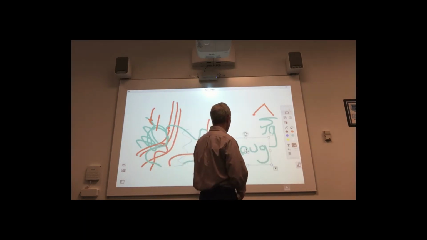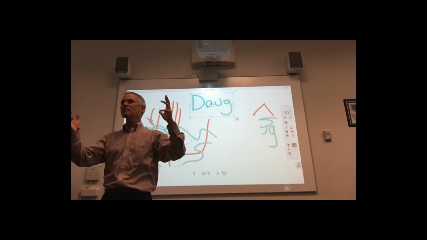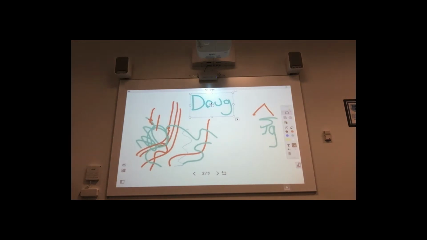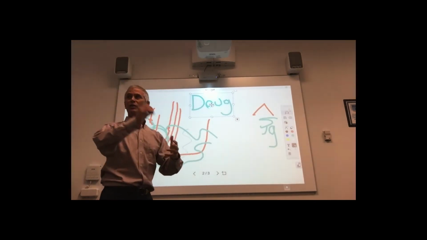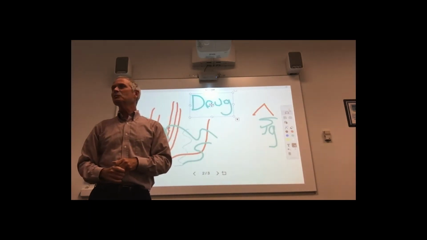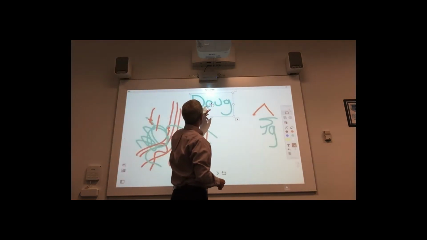One of the things that this allows me to do is treat all of that text as an object, and I can move it around. A lot of times people are like, I wrote this in the wrong place, and they erase it and write it where they want it. Just select it and move it.